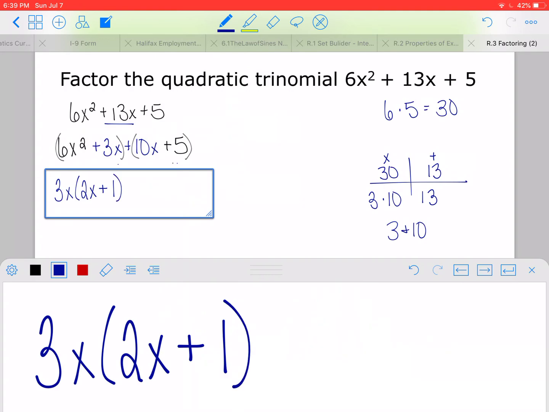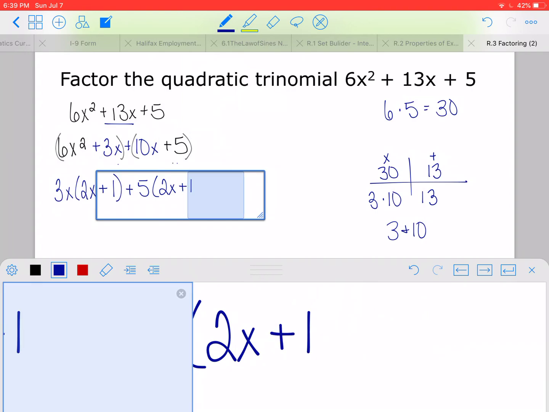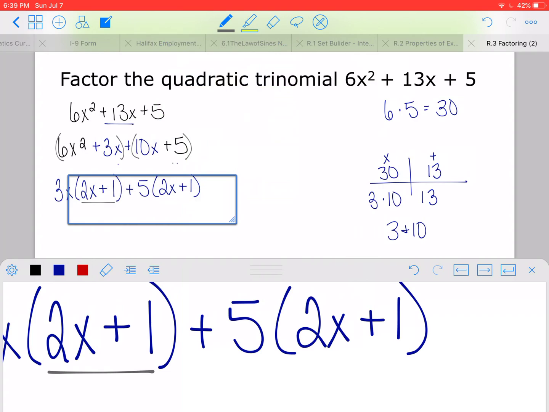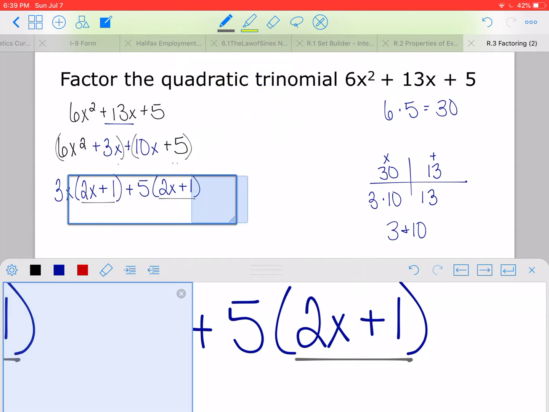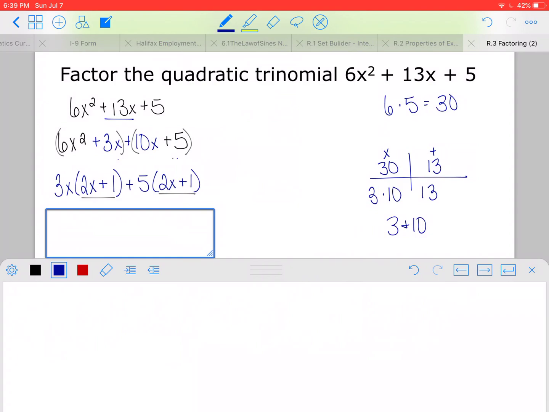And then out of 10x plus 5, we can bring out a 5. And we're left with 2x plus 1. Check again that those two binomials are the same. If they're not, you've done something wrong, or it doesn't factor. So we're bringing out the 2x plus 1, and we're left with 3x plus 5.